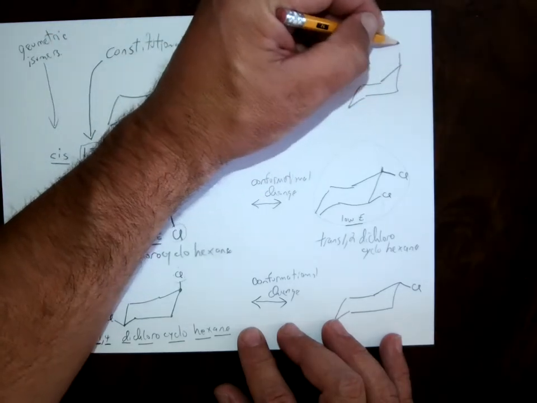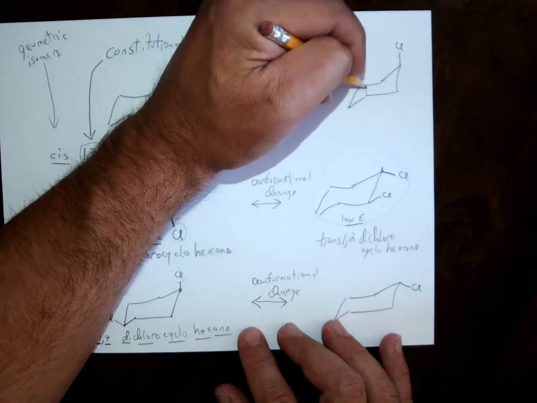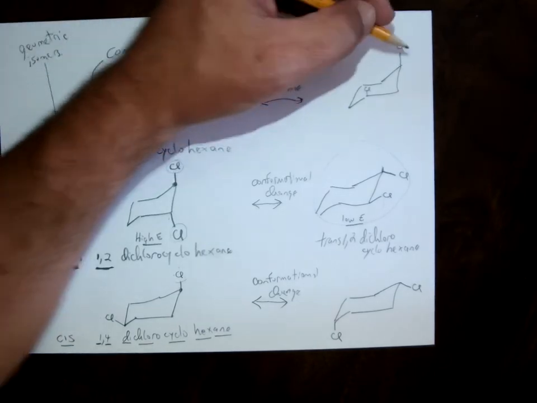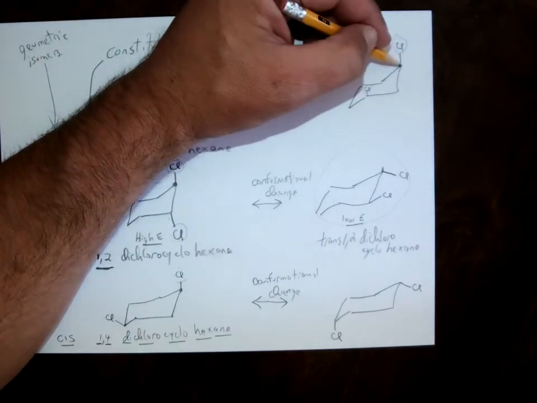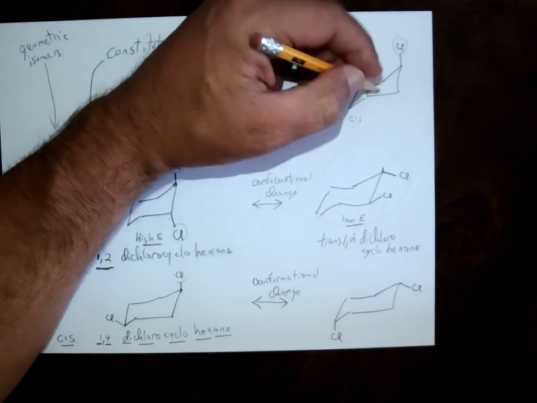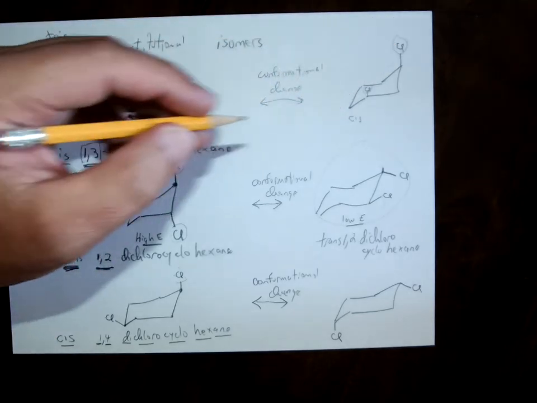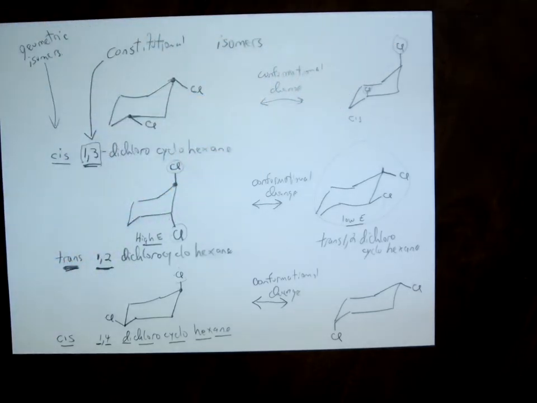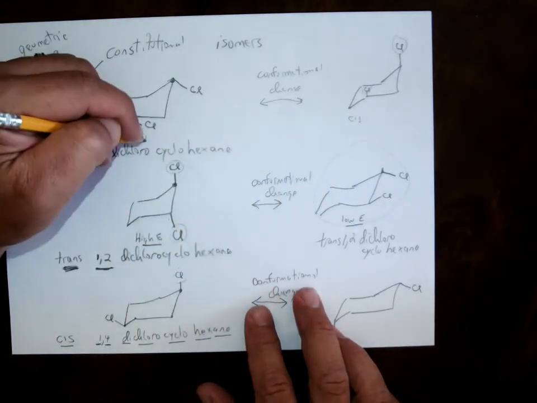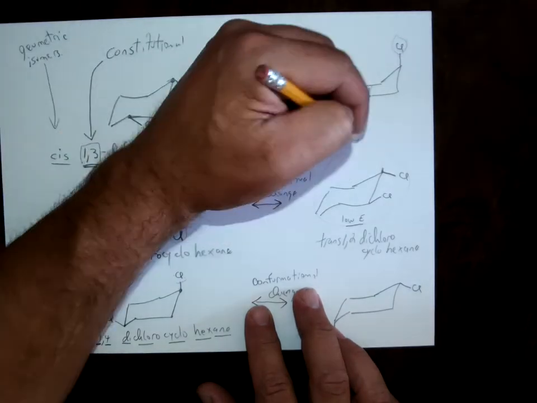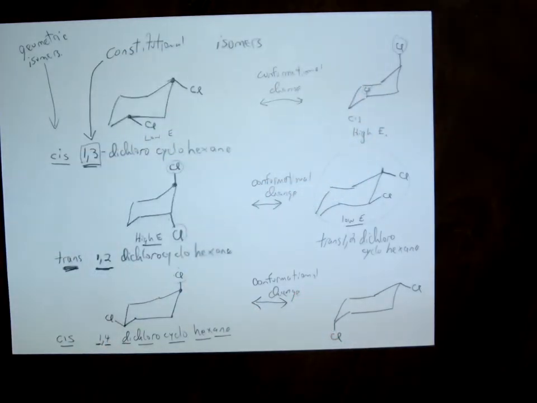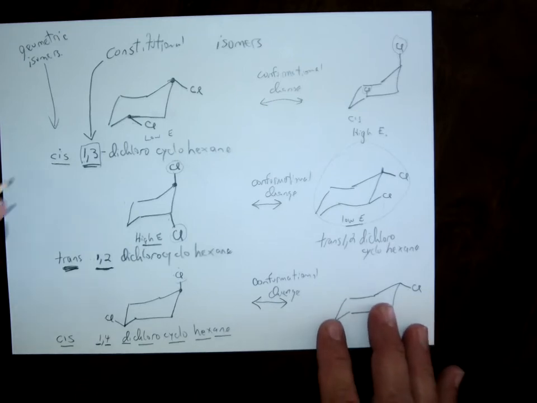So with the 1,3 substitution pattern, this will still be cis because they're both on the same side of the ring, but now it's going to be higher energy because they went from being equatorial positions to being axial positions. Both of them went from the low energy conformer to the high energy conformer, and this is going to require heat from the room to do this, to move to a higher energy conformer, but it's certainly possible.